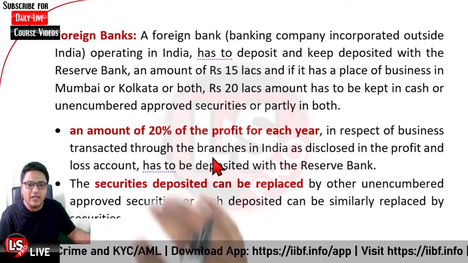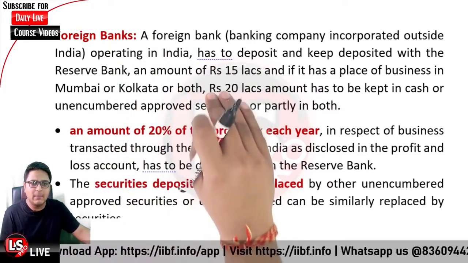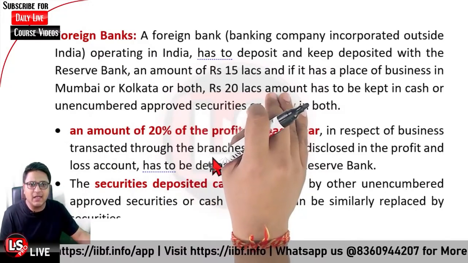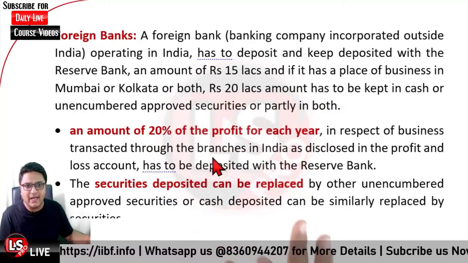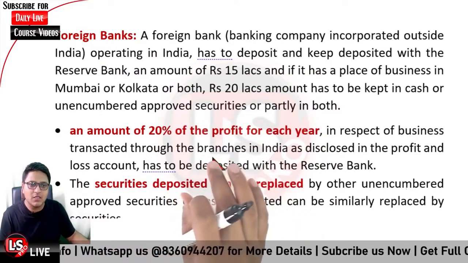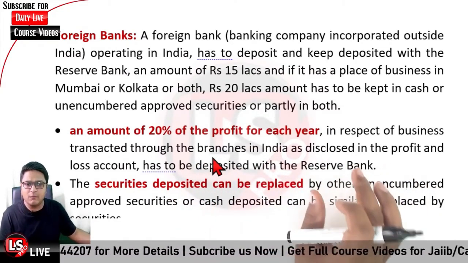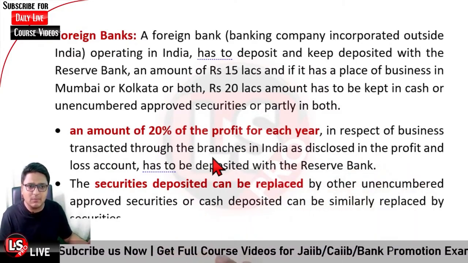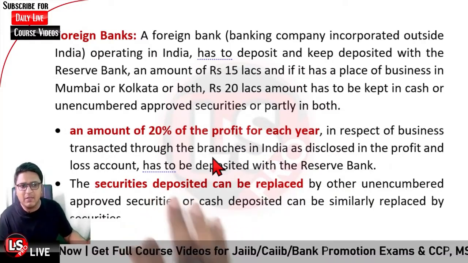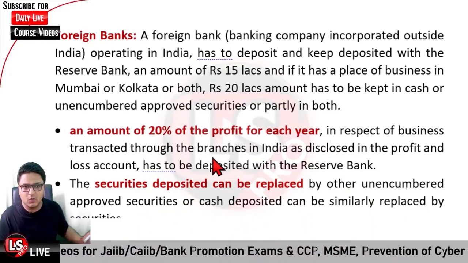So first of all, we read that foreign banks having business in Mumbai or Kolkata have to deposit 20 lakh rupees, and if they have branches other than Mumbai or Kolkata, then 15 lakh rupees. Other than that, 20% of the profit disclosed in the profit and loss account is to be deposited with the Reserve Bank of India, and the securities deposited can be replaced by other unencumbered securities or by cash.